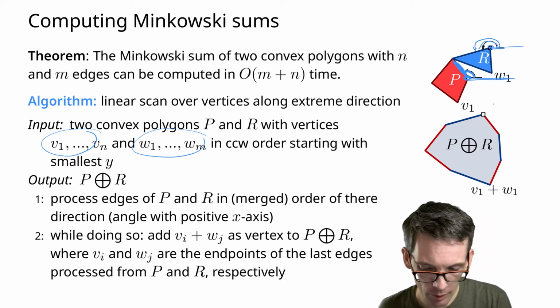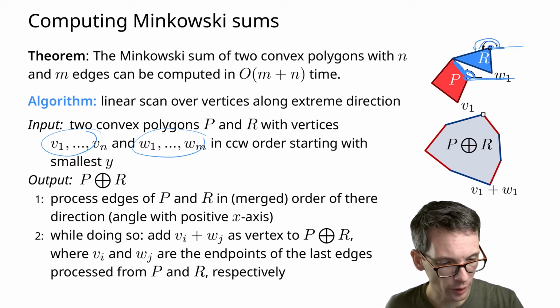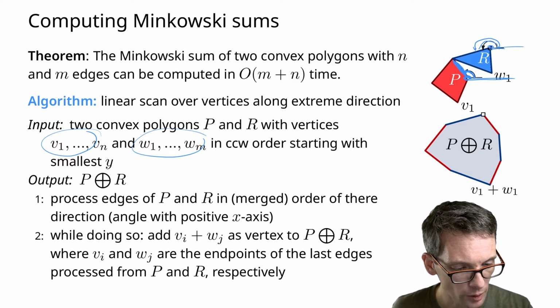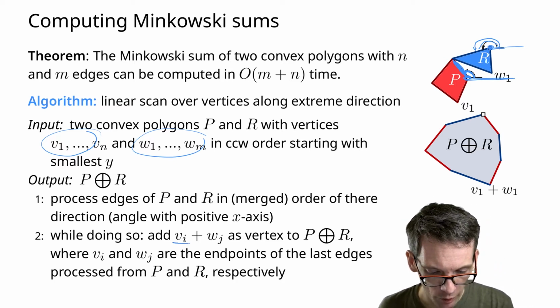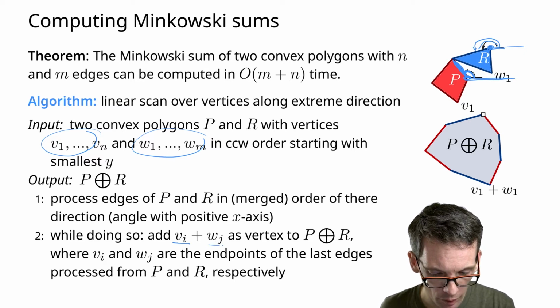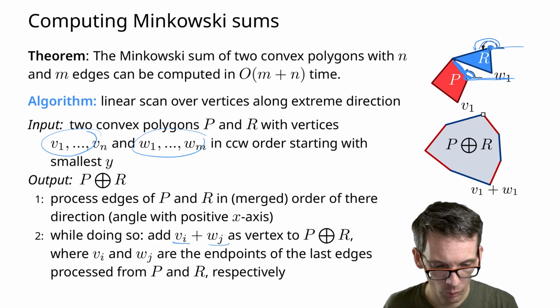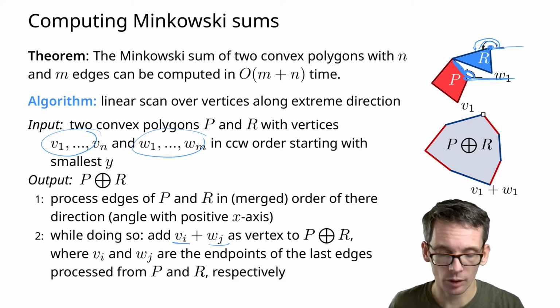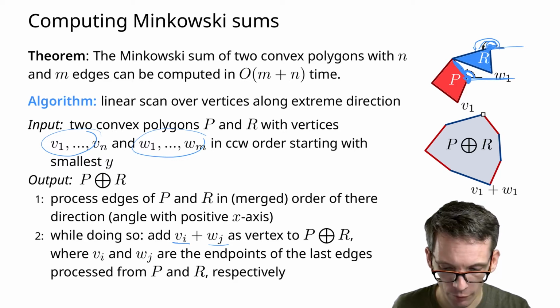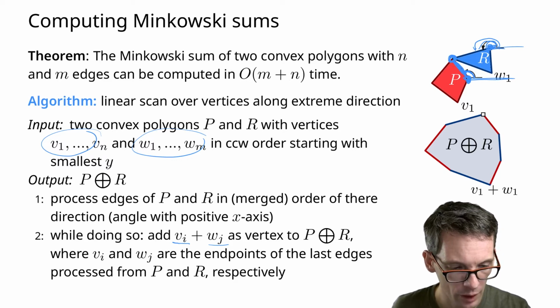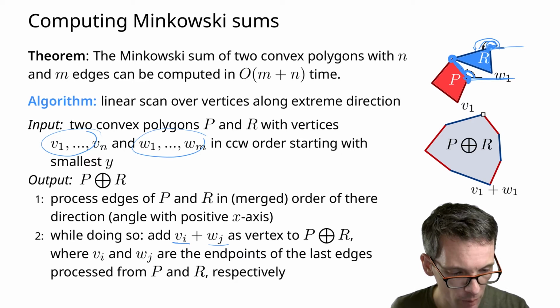And then I simply take the edge that I get by taking that edge plus the current vertex here, or stated differently, I'm going to add Vi plus Wj and move further on the one that comes next in that order. So this would be V1 plus W1, and then here for P I go to V2, still plus W1.